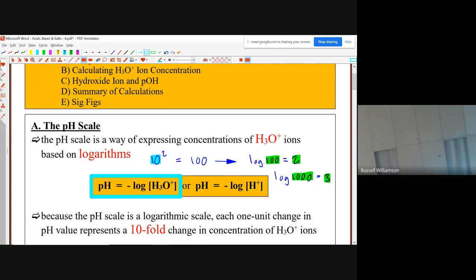So if you go from a pH of 7 to 6, 6 is 10 times more concentrated. pH of 7 to 5, well, 5 is 100 times more concentrated, and so on. Now, it's a little different from the example that I just gave you because we're going to be talking about negative log values. Okay, but it's kind of related in some respects here.